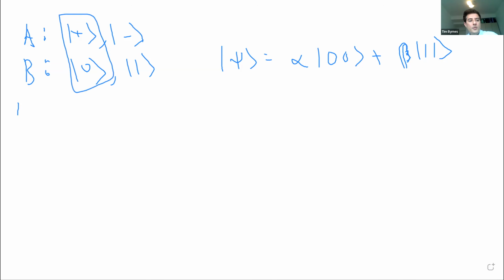So in this example, firstly we can construct the measurement operator for this process.